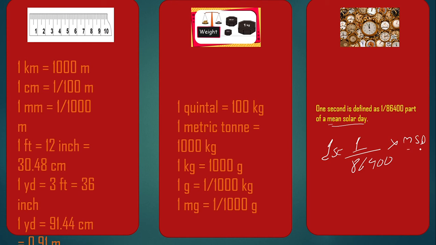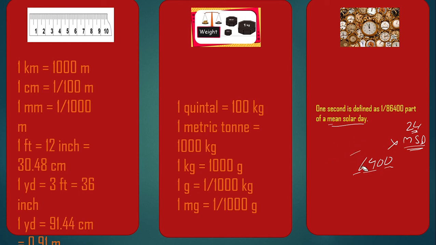One complete day is considered 24 hours, and when you convert 24 hours into seconds, it comes to 86400.